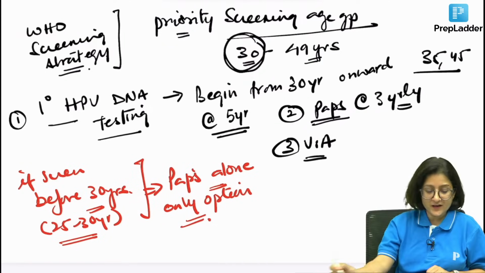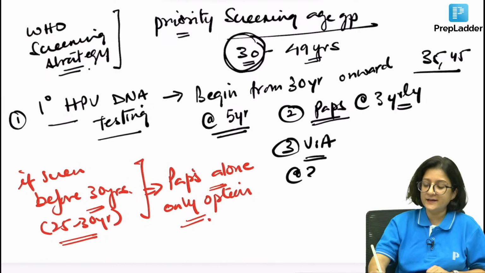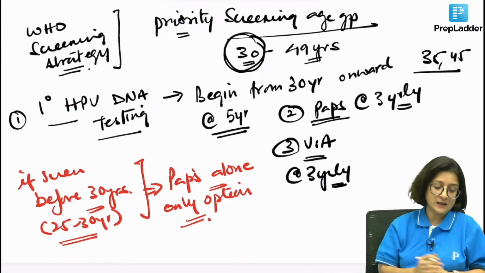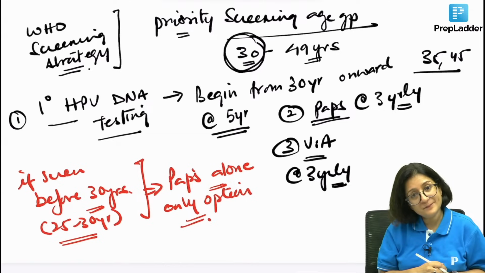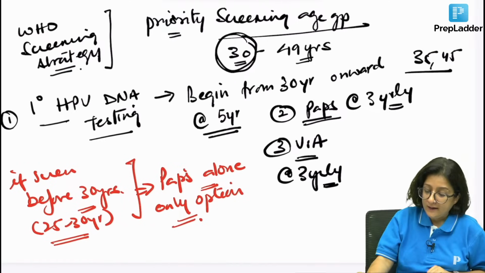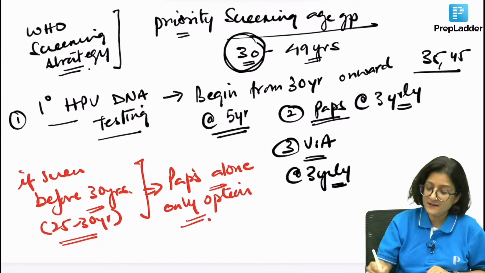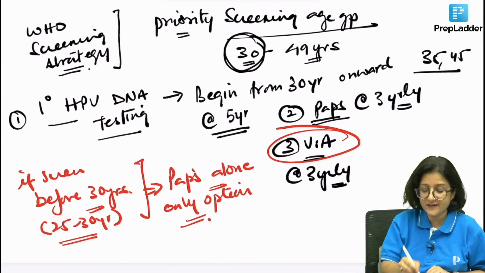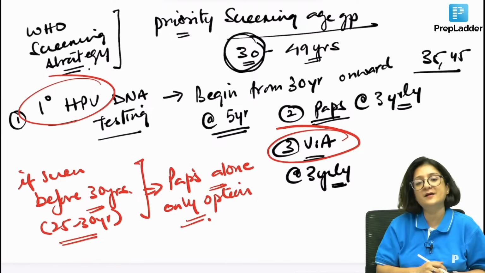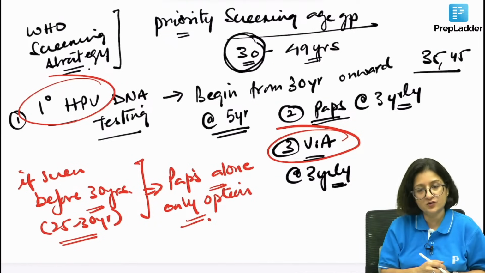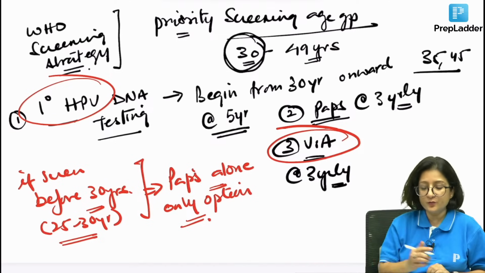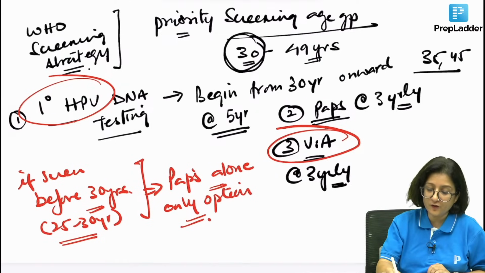If visual inspection with acetic acid is being done, it has to be repeated every 3 years. In low resource settings, we can have VIA. We can even have affordable primary HPV DNA testing every 5 years. But Pap would be very unlikely to be performed in a low resource setting.